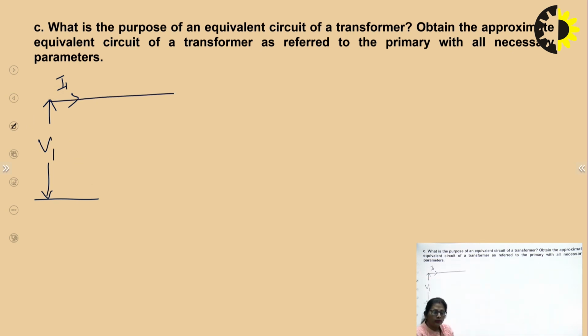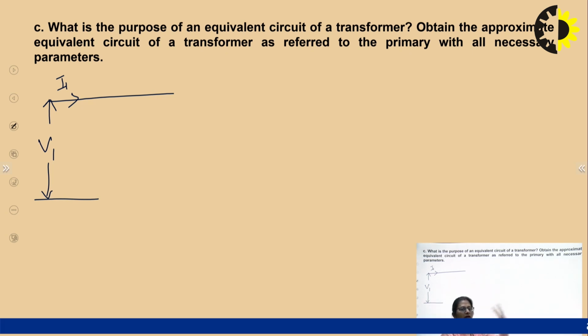Now, in the approximate equivalent circuit, we deliberately make a change so that we get the no load circuit prior to R1 X1. In fact, the no load circuit is after R1 X1, after I1, but deliberately for an approximate equivalent circuit, we create an error so that all the resistance is towards one side and all the reactance is towards one side. This is the no load current.